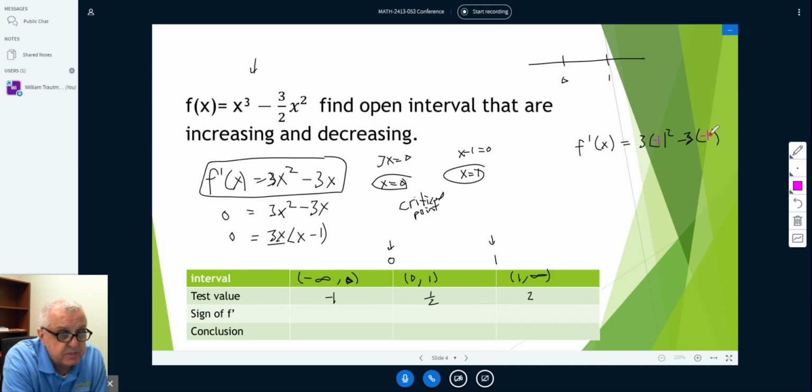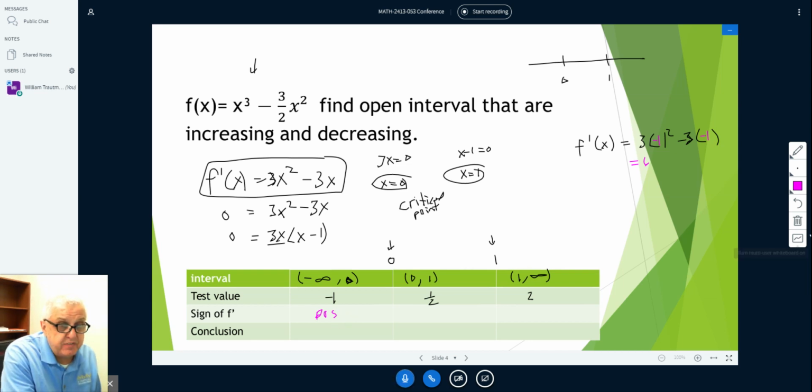Negative 3 times negative 1 is 3. So I end up with 3 plus 3 is 6. So the answer is 6, but I don't care about the answer. I just want to know the sign of it, and the sign of it is positive. The sign of the first derivative, when I plug negative 1 into it, is positive.